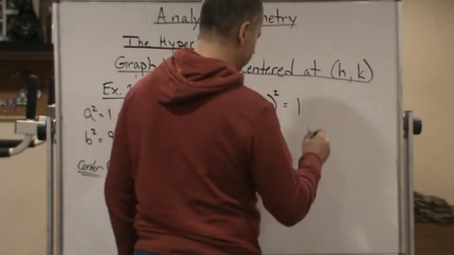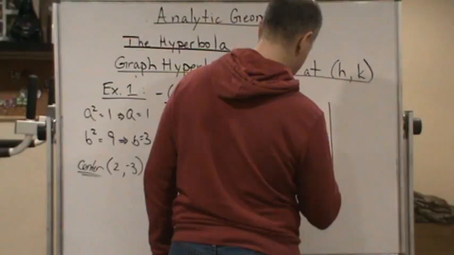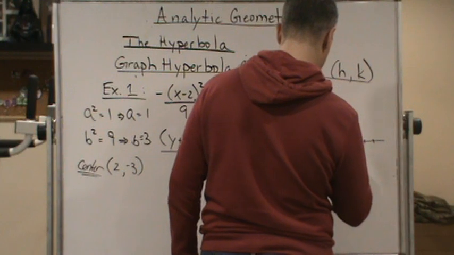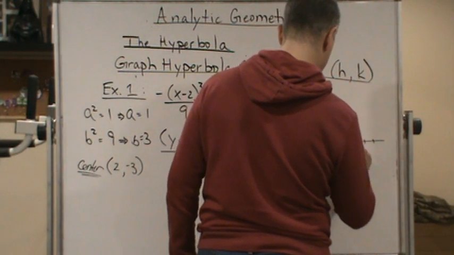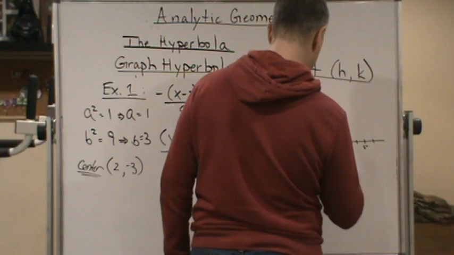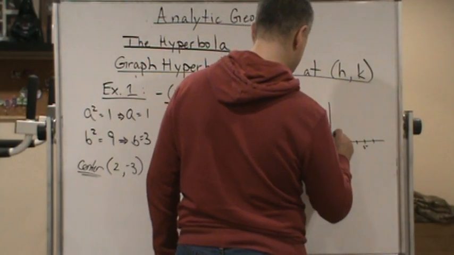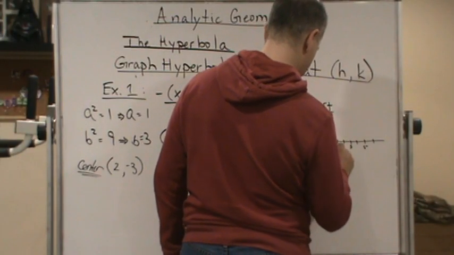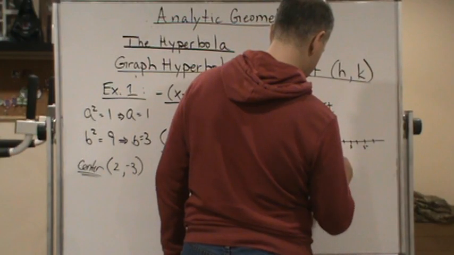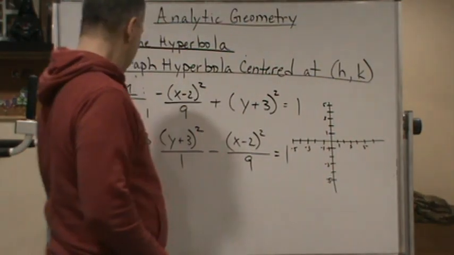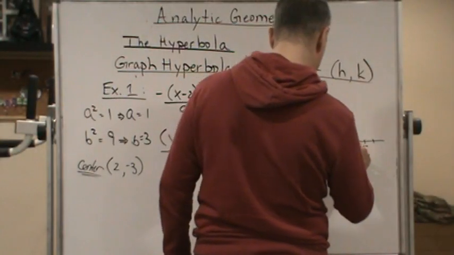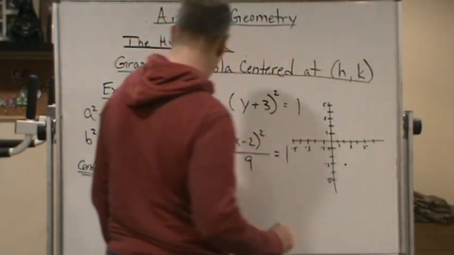Let me see if I can draw this. Okay, so the center of the hyperbola is at (2, -3). So that's going to be right here.